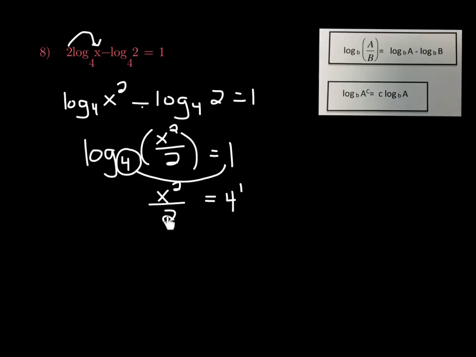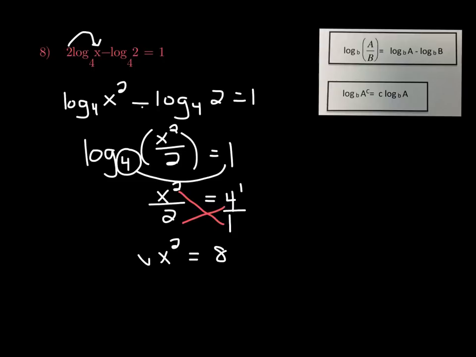Okay, and since this side of the equation is a fraction, let's make this into a fraction by putting it over 1 and cross-multiplying. So x squared times 1 is x squared, and then 4 times 2 is 8. Okay, so now, in order to solve, all we have to really do is just take the square root, right?